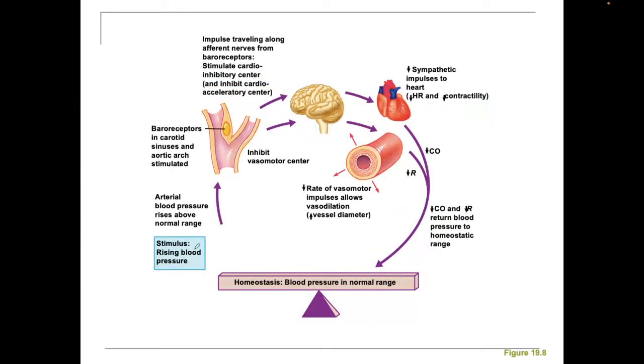So if something is causing a rise in blood pressure, the arterial blood pressure is rising above normal range, and we have baroreceptors, right? Like a barometer reading in the weather report. We have baroreceptors, pressure receptors in the carotid arteries, in the carotid sinus, and other pressure receptors in the aortic arch off of the heart.